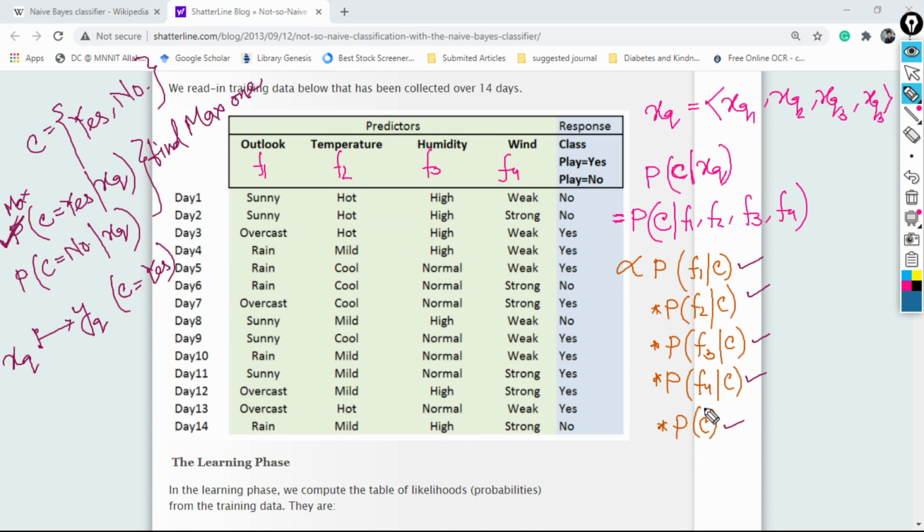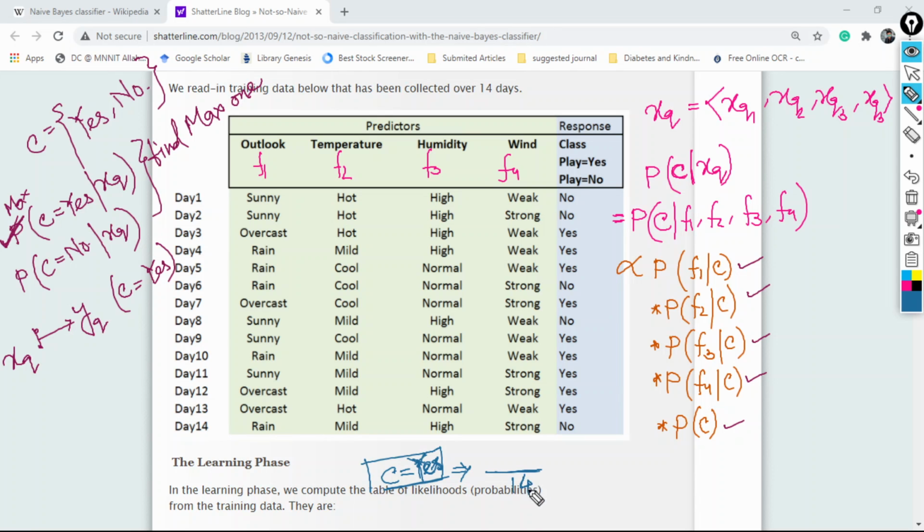First, let's calculate the probability of c. How will we calculate the probability of c? Suppose c is equal to yes. Let's count: we have a total of 14 data points.